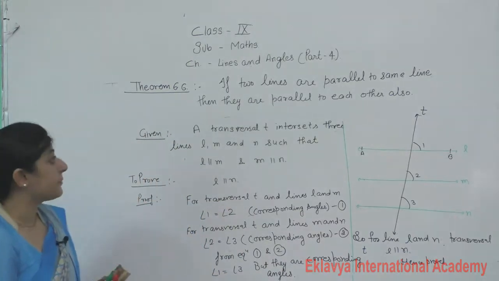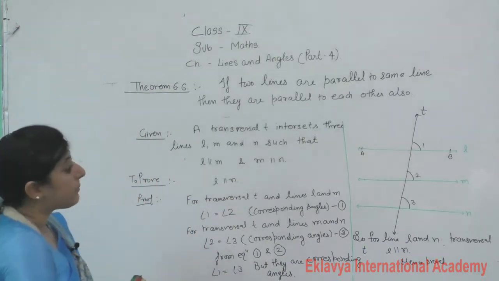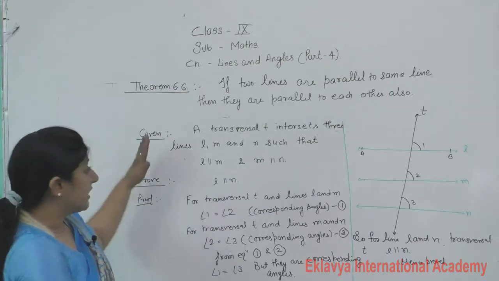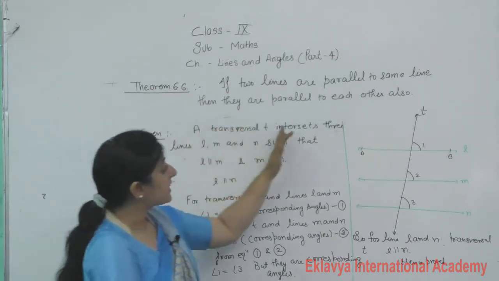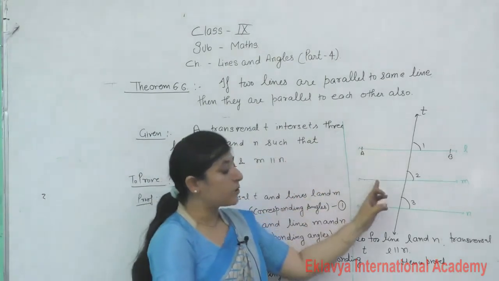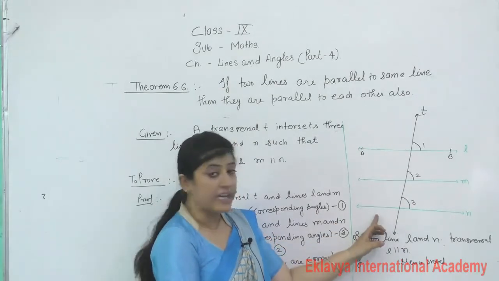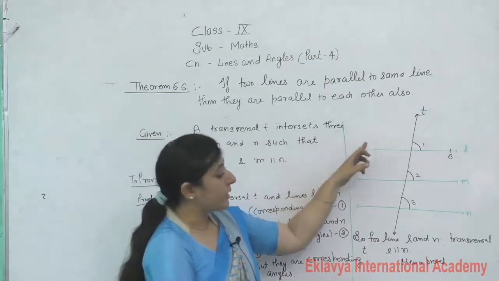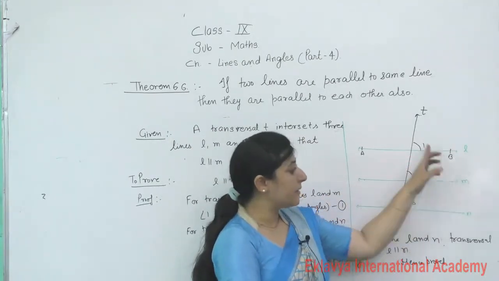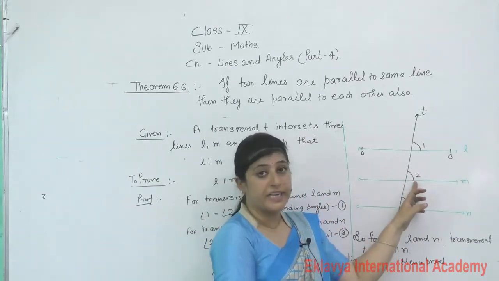So what is the statement? If two lines are parallel to same line, then they are parallel to each other also. What is given to you? Transversal intersects three lines L, M and N such that L parallel to M, M parallel to N. Now we have to prove L parallel to N. So in this we can see L parallel to M, it means angle 1 is equal to angle 2, corresponding angle.